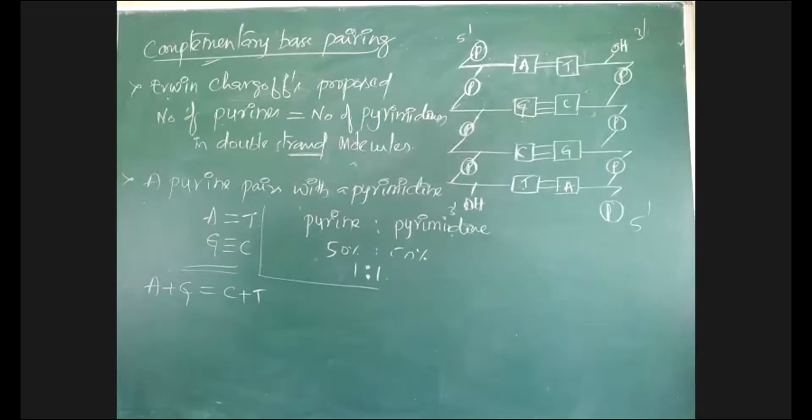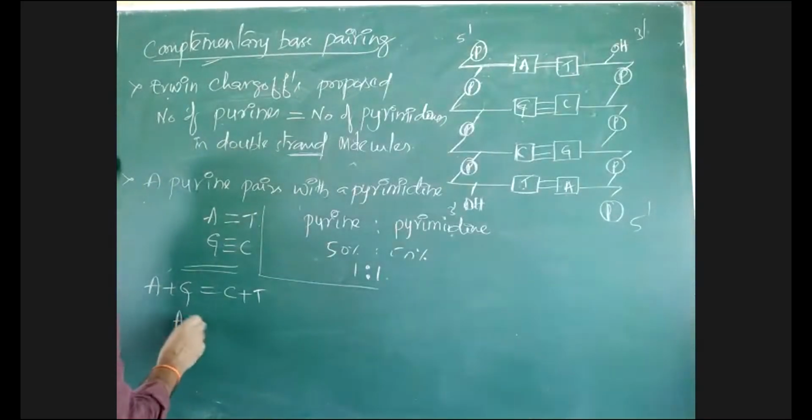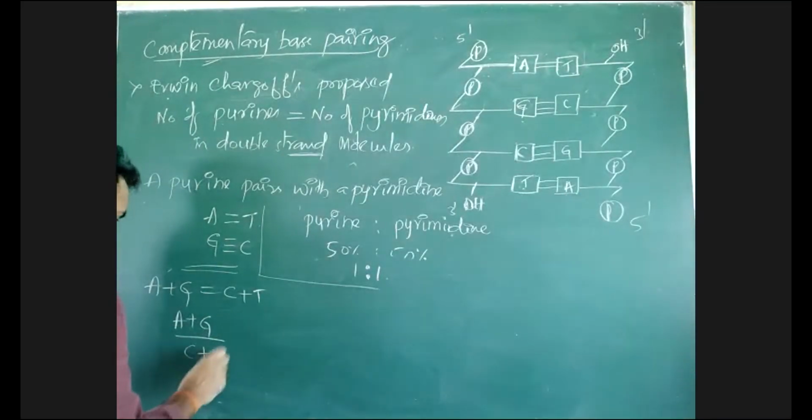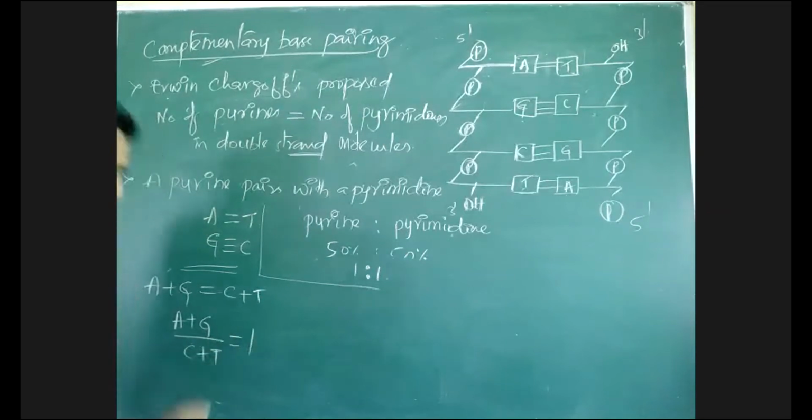Or you can write one more: A plus G divided by C plus T is always 1. Sorry, A plus G by C plus T is always equal to 1.